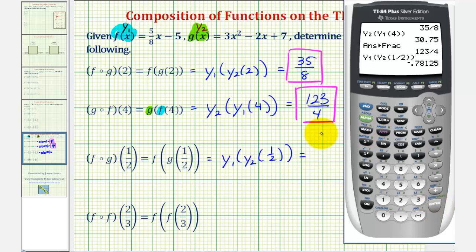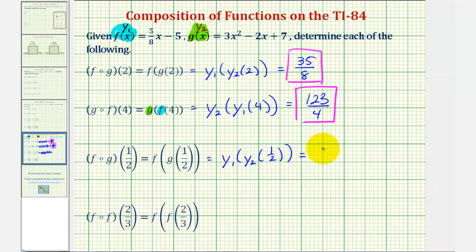To convert to a fraction, we press math, enter, enter. Negative 25/32 would be the composite function value.